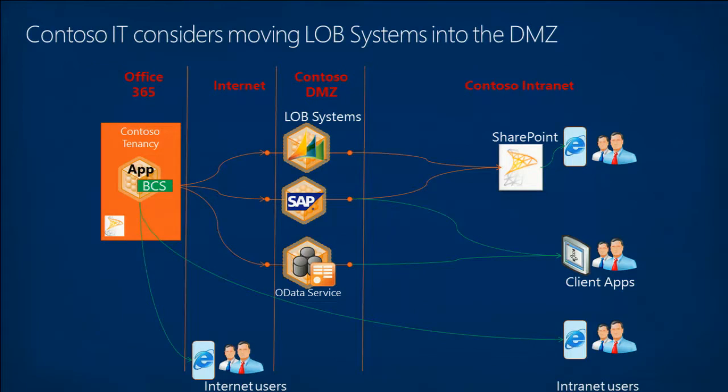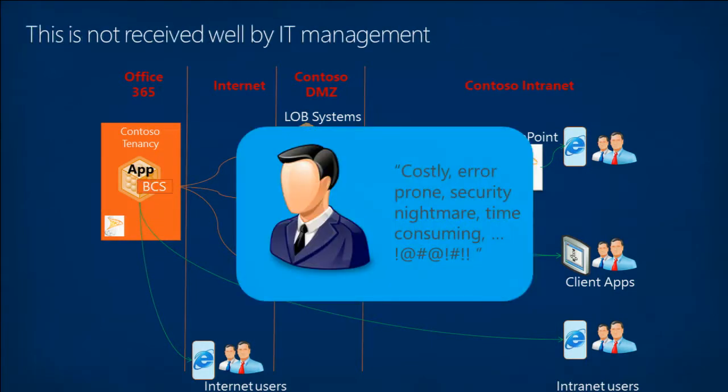But if you do that, then the thinking might be that these endpoints become internet accessible, and so now SharePoint Online can call these. But IT management is going to shoot that down pretty fast because it's got all kinds of bad security implications. You don't want to have all of your important data sitting there on the DMZ, accessible to anybody over the net.